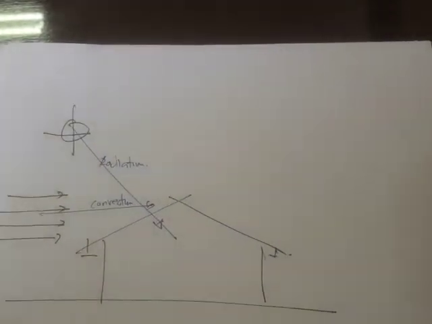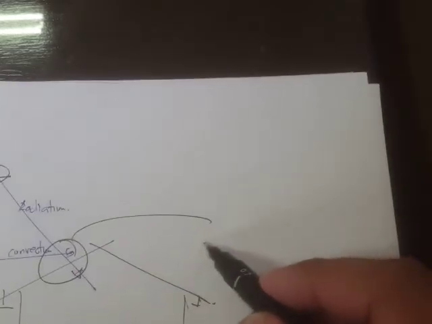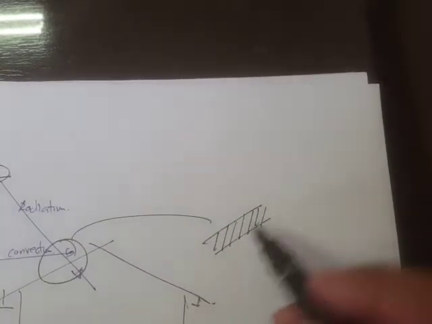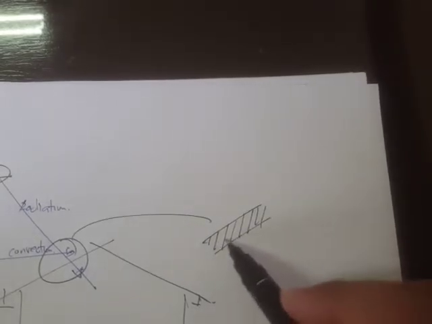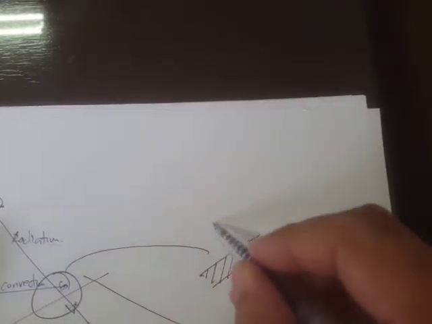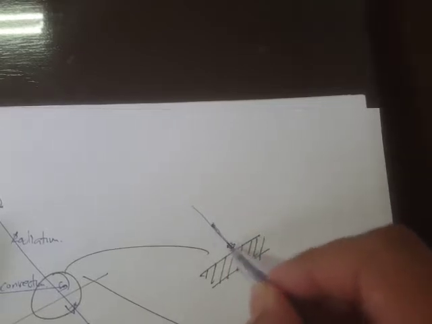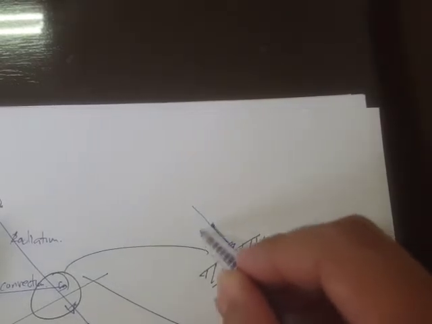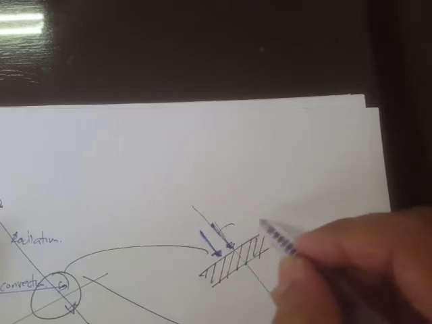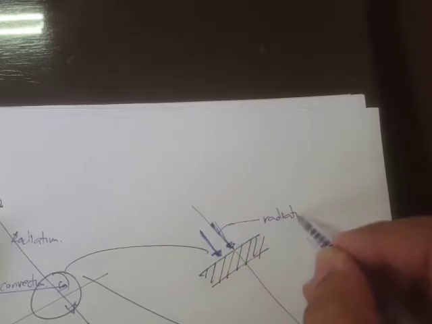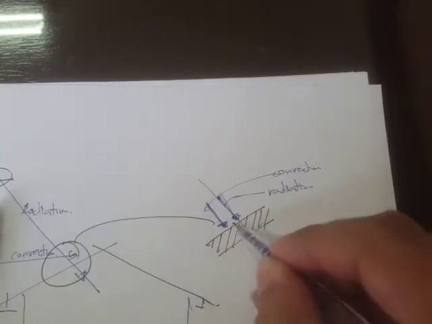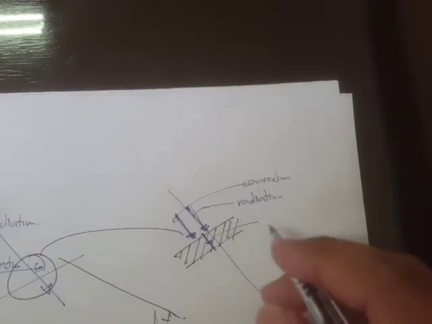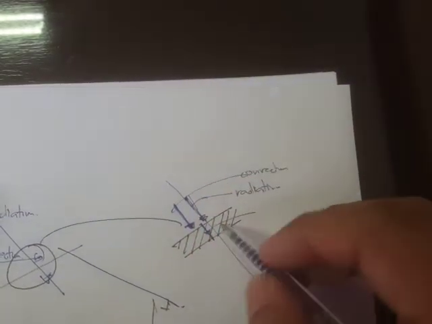If we zoom in right here, let's say here's the model for the roof material. Let's just model it as one solid material. Then we model the radiation as going in this direction, and the convection going in this direction, right? So here's our radiation, here's our convection, and right here there's going to be conduction occurring across this material.